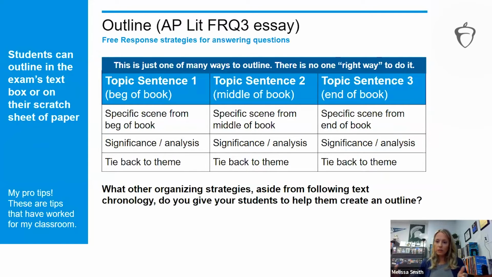But I tell them to pick 3 scenes or 3 ideas that they have about the passage, if it's poetry or prose, and then that kind of becomes a controlling scene or example for each of the body paragraphs. Including specific evidence is so important, tying that with the commentary. And if we're talking about all 3 essays, tying back to that thematic idea of the passage or of the work that they're choosing for their literary argument essay.